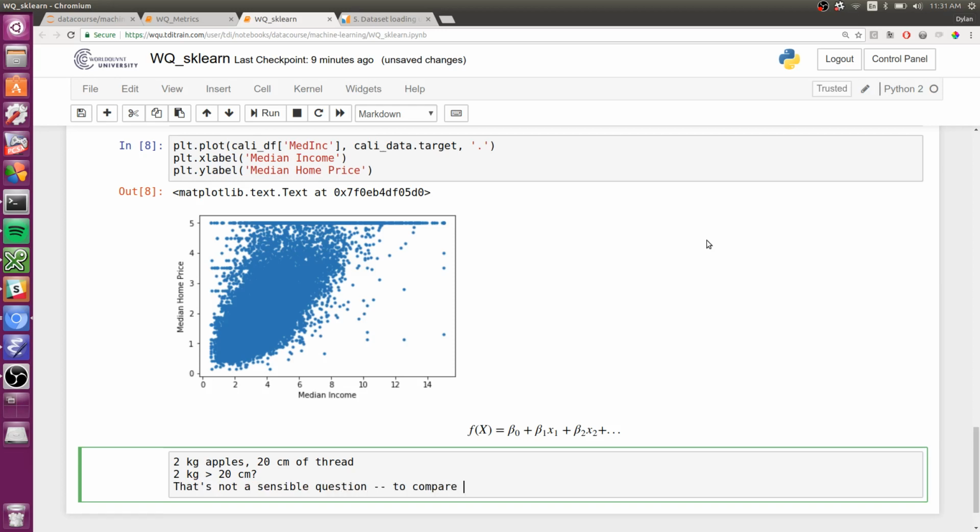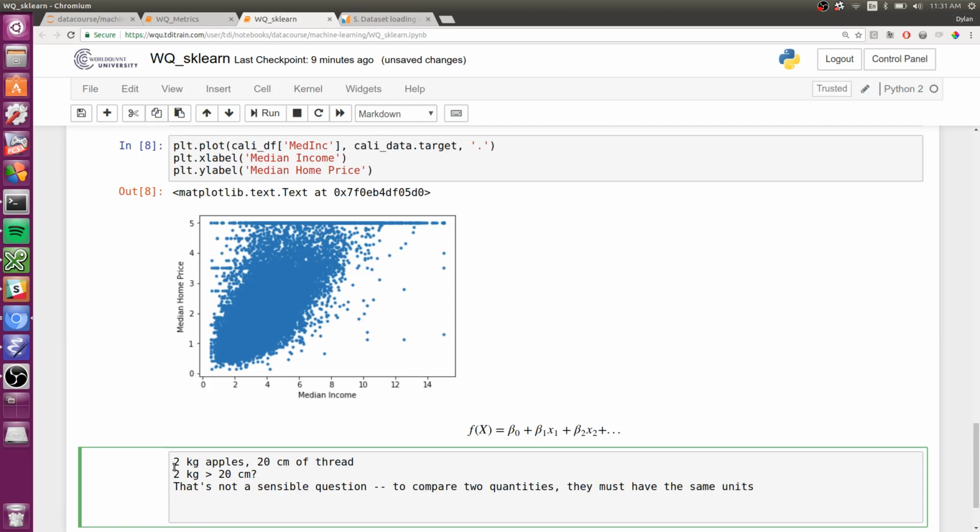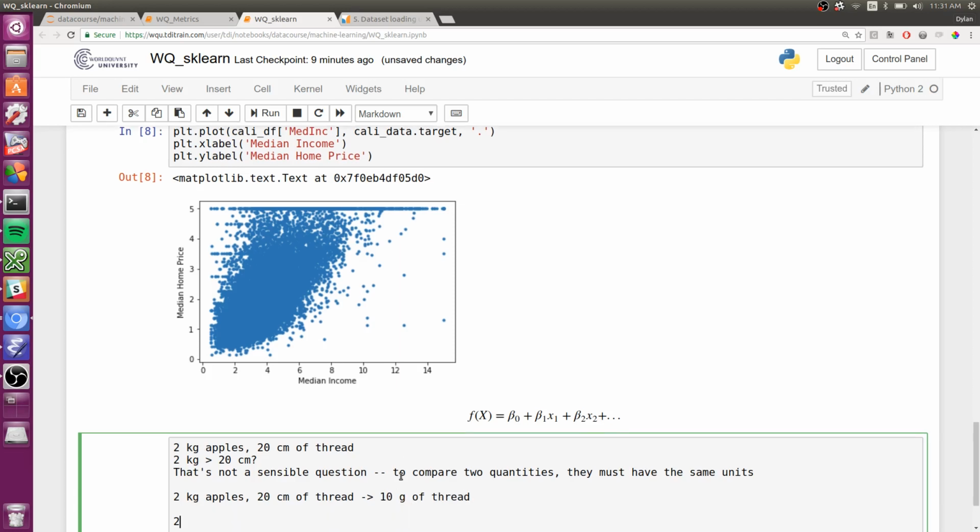To compare 2 quantities, they must have the same units. So maybe I take my thread and put it on a scale, and I find, okay, now I have 2 kilograms of apples, and 20 centimeters of thread turns out to be, say, 10 grams of thread. So now I ask, is 2 kilograms of apples greater than 10 grams of thread?